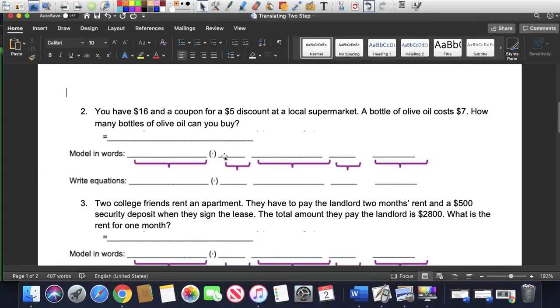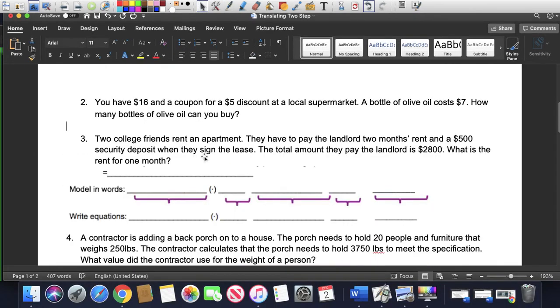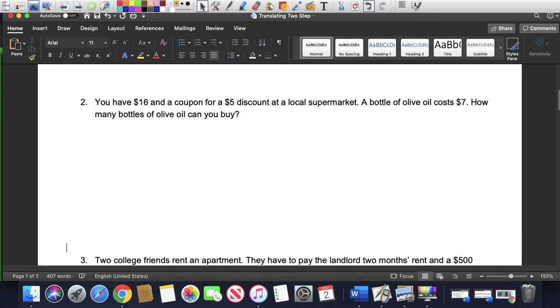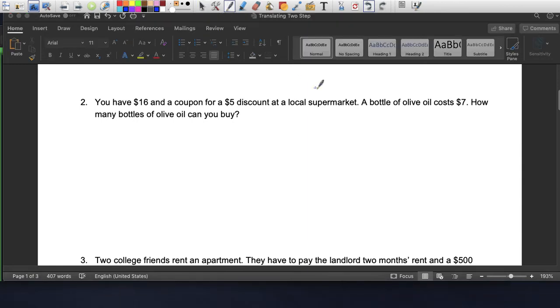Problem 2. You have $16 and a coupon for $5 at a local supermarket. You buy bottles of olive oil, and each bottle costs $7. What we need to find out is the number of bottles. So here is my variable. I'll write b for bottles. Is there a relationship between the number of bottles? Yes, each bottle is 7, so that's my first part.